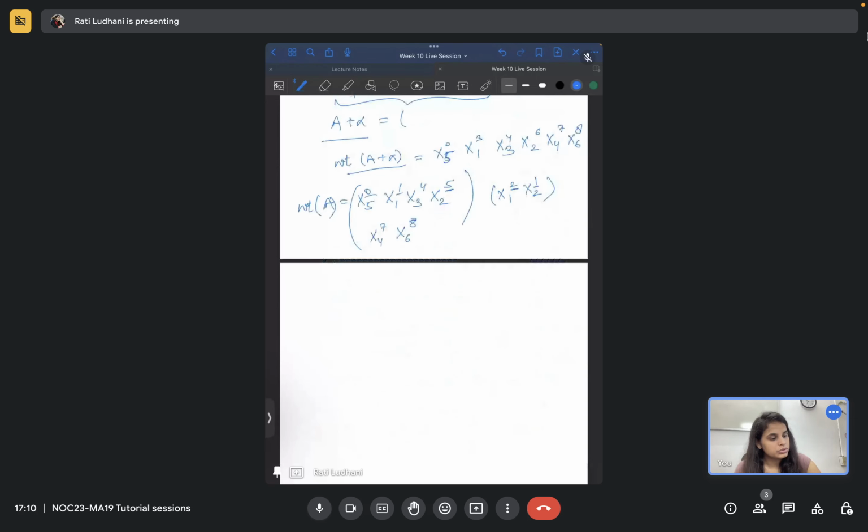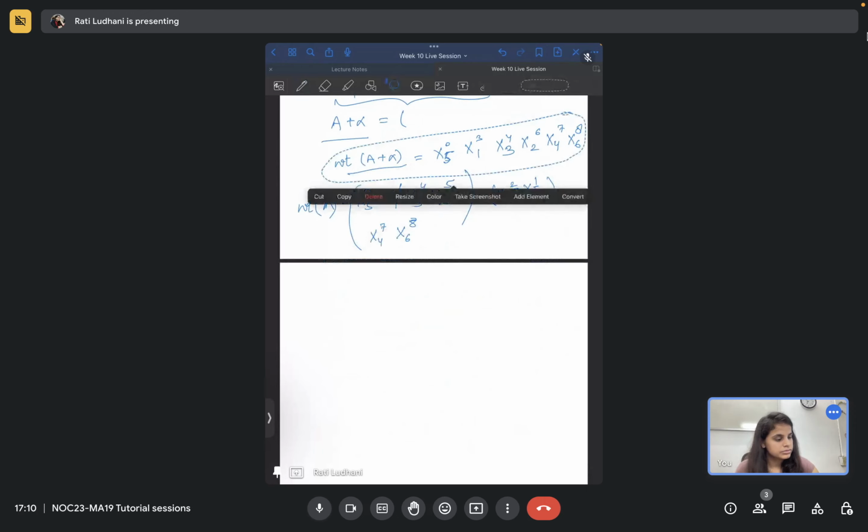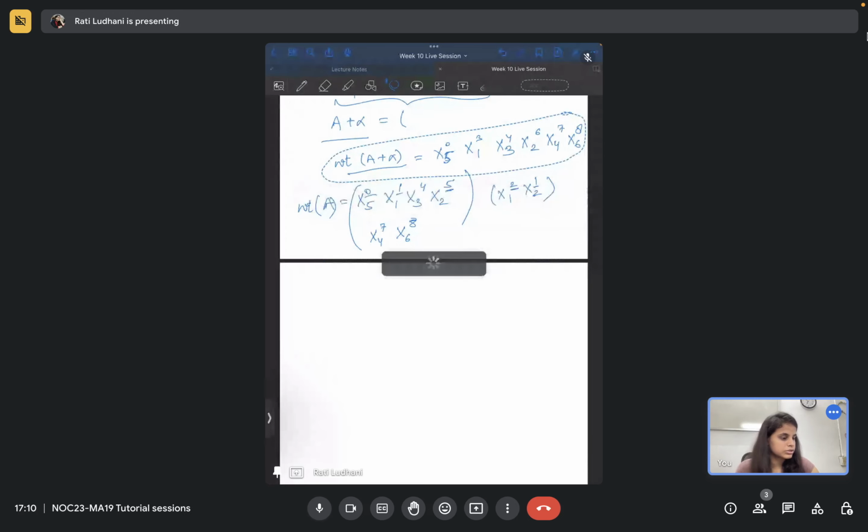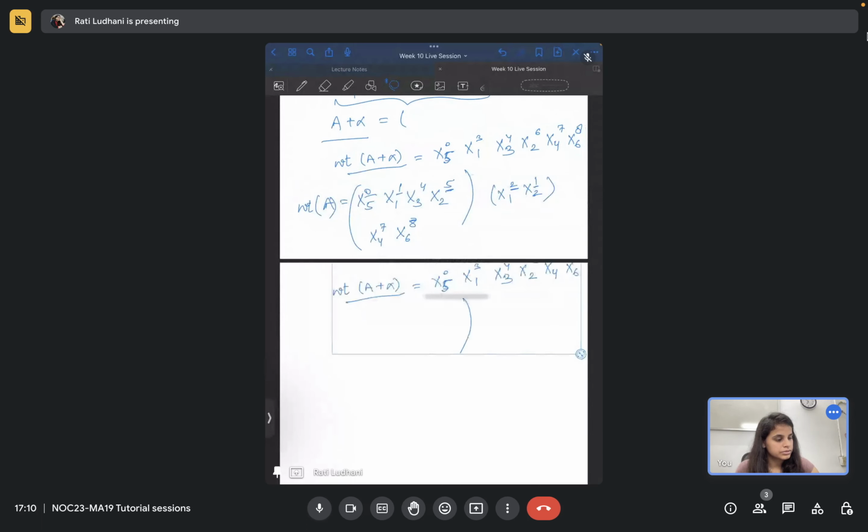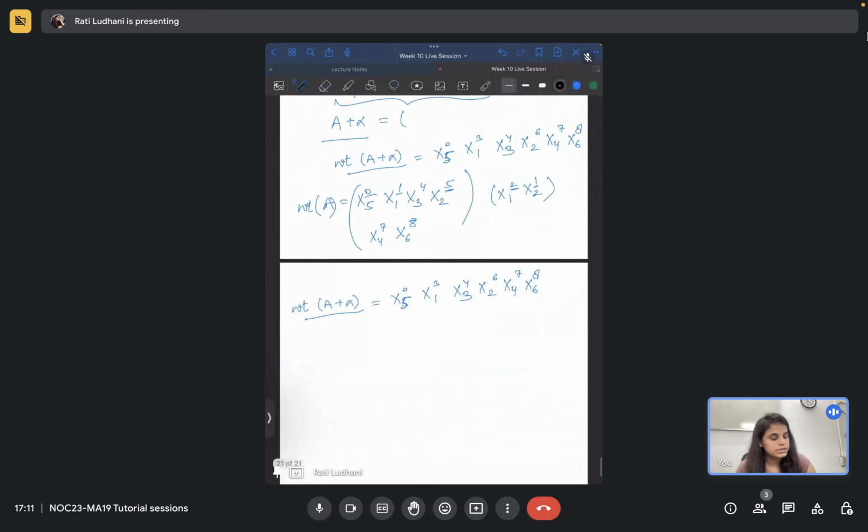Now let's try to form the abacus corresponding to this. So what does this say?